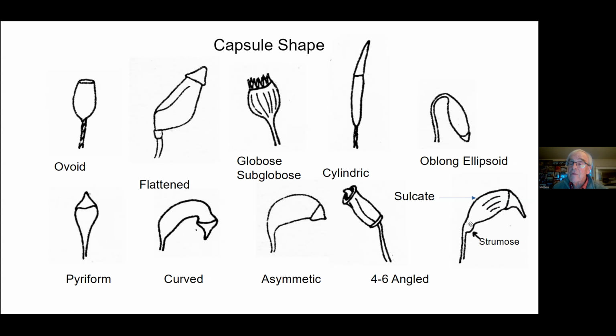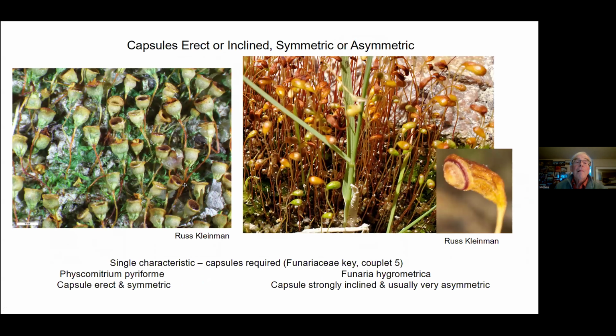And some of them have a little goiter at the base of the capsule, and they're called strumose. Okay. So actually, you can see this one I would call cupulate, and this one over here is certainly irregular.